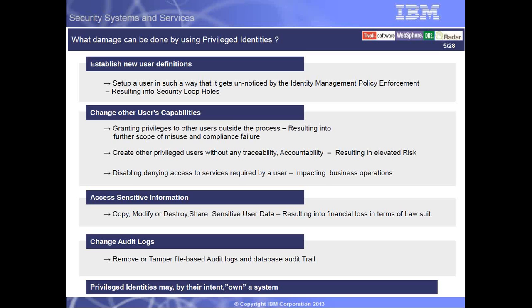Let's say your identity manager is configured with a certain user schema to detect if it is non-compliant. What misuse can happen is I could change the schema to a different type and make sure it is not under the radar of identity management.